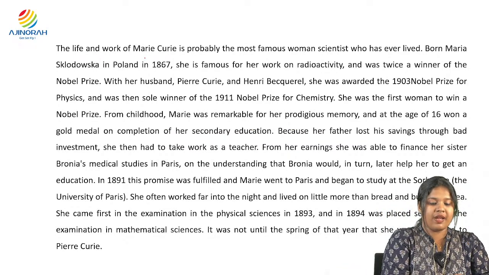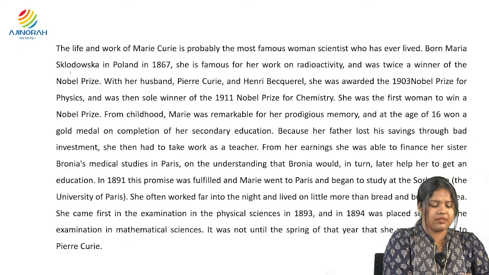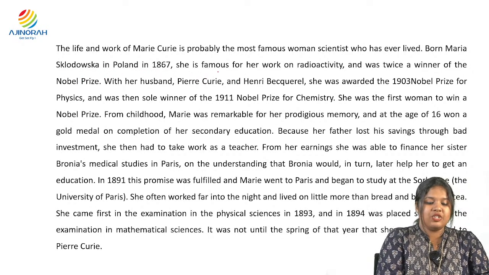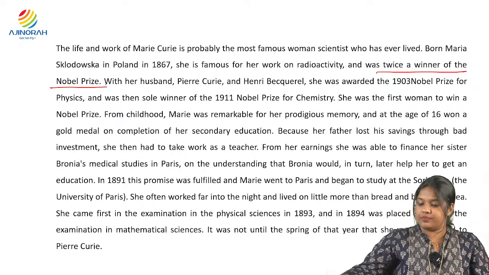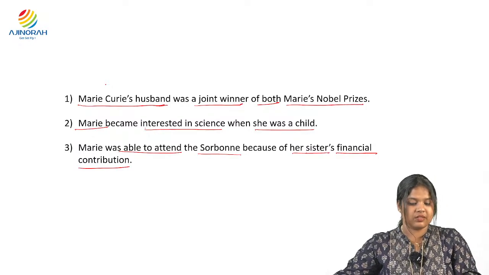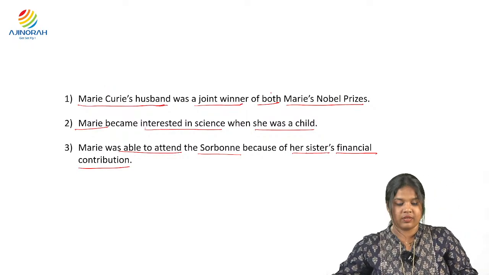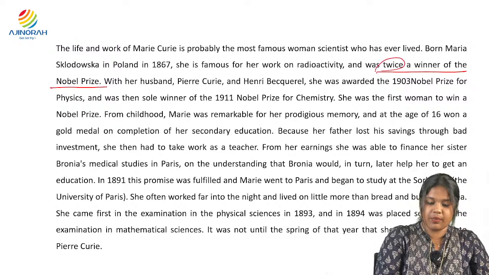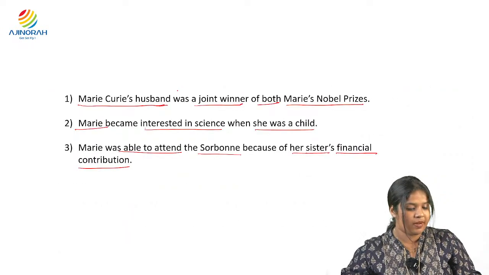The life and work of Marie Curie is probably the most famous of any woman scientist who has ever lived. Born Marie Skłodowska, it's difficult to pronounce, sorry, in Poland in 1867. She is famous for her work on radioactivity and was twice a winner of the Nobel Prize. Okay, so is it given in the question? Yes, Marie Curie won two awards, that's why it's both. So, twice a winner. Now, they are talking about Marie Curie's husband, right?